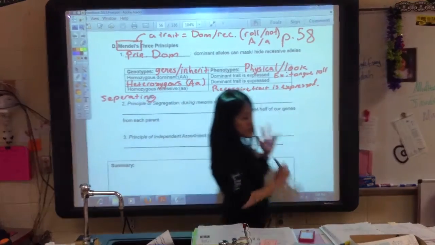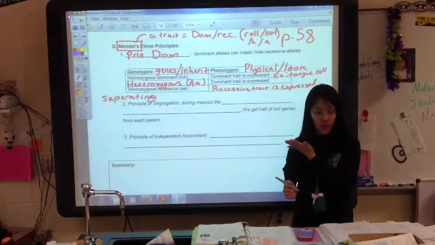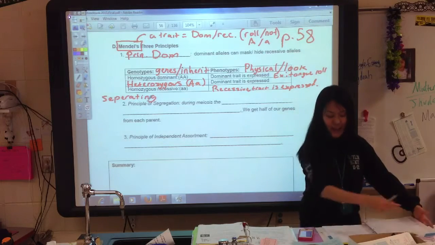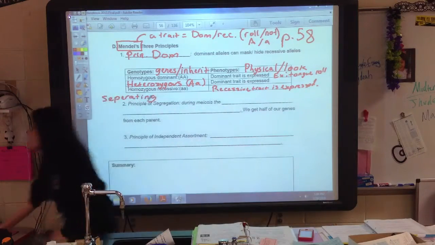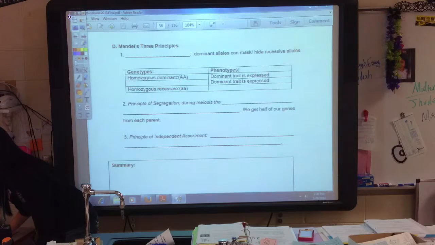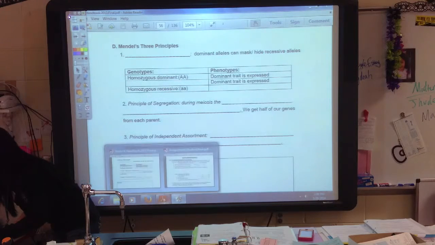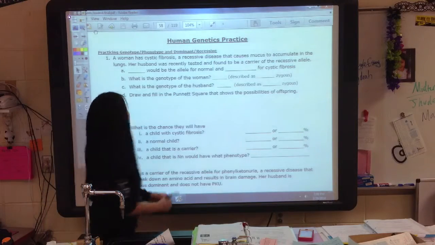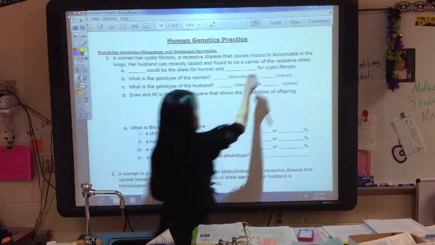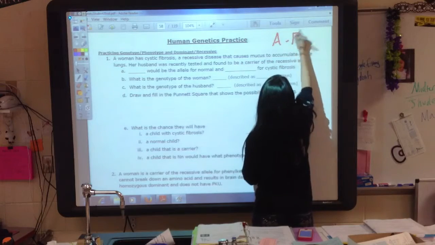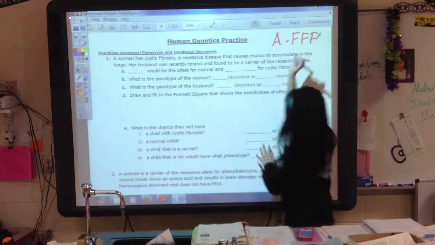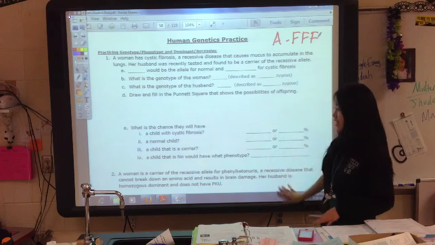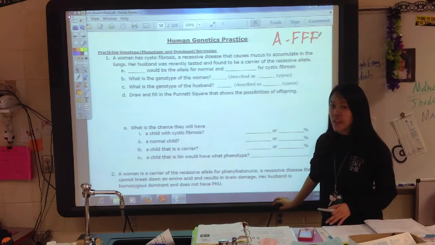I want you to keep these notes out, or keep your finger there, and turn to page AFF. So, in your notes, in your handbook, on page AFF we have some practice problems on these genetics.